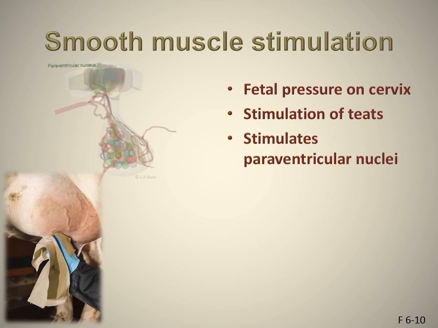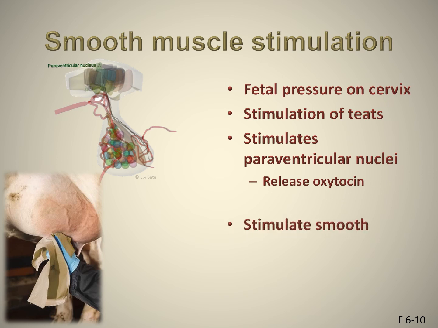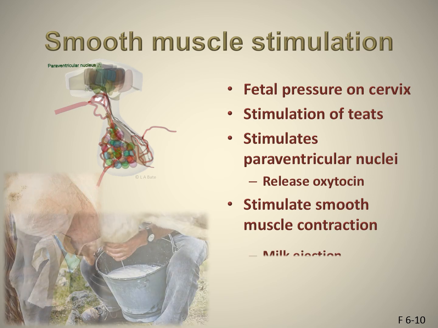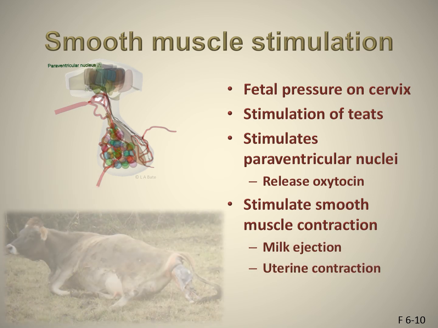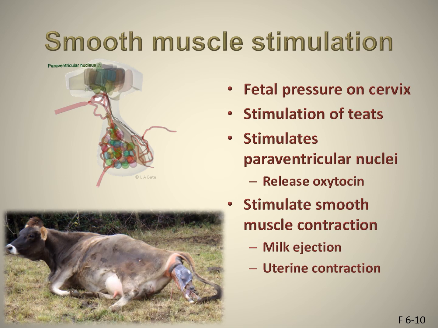Both will stimulate the paraventricular nuclei, which in this response will release oxytocin through the pars distalis of the hypophysis. Oxytocin will stimulate contractile activity in smooth muscles, which will translate into milk ejection, or, in the case of a parturient animal, into contraction of the uterus to expel the fetus.